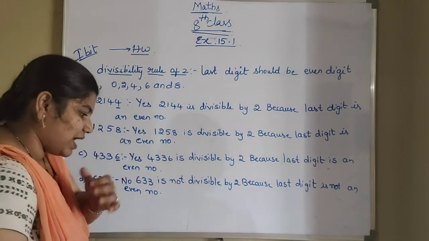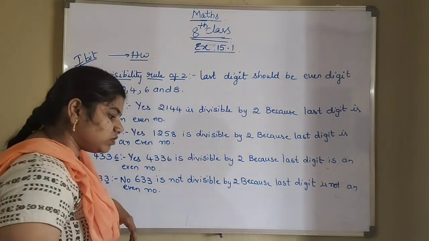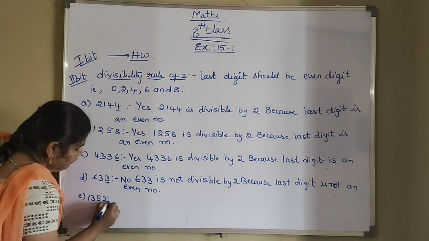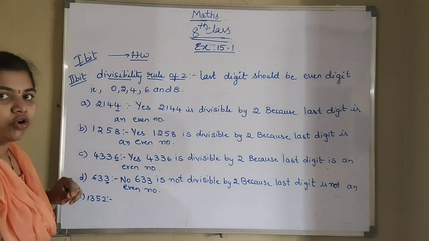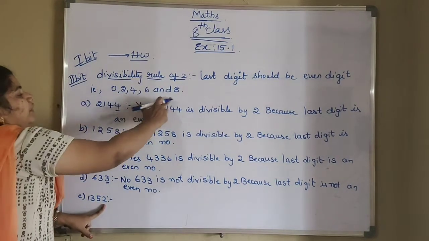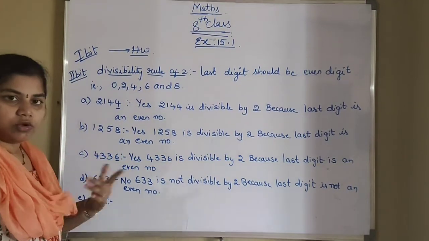Okay, is it right? So next one, last one, E bit. So what they have given? 1352. So whether this number is divisible by 2 or not, we have to check. So what is the last digit here? 2. In this set, you are having 2. 2 is an even digit. So the whole number will also be divisible.